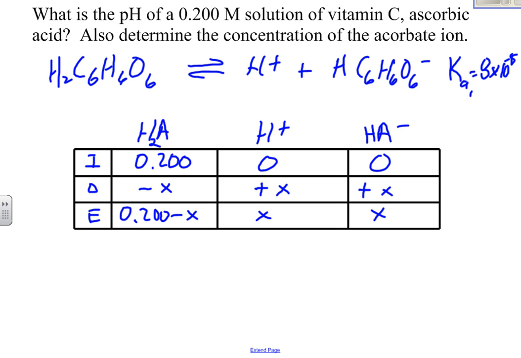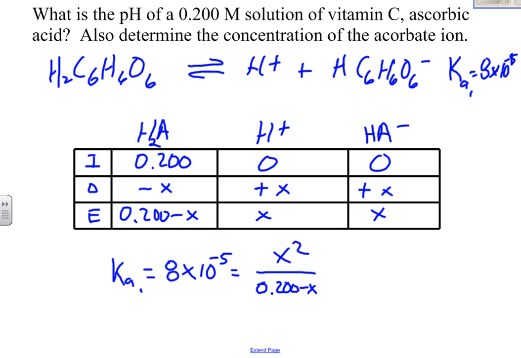Then we do our typical equilibrium here, where we'll have the Ka1 equal to 8 times 10 to the minus 5th, which would be equal to the H+ times the HA-. So it would be x squared divided by the concentration of the acid, 0.200 minus x.